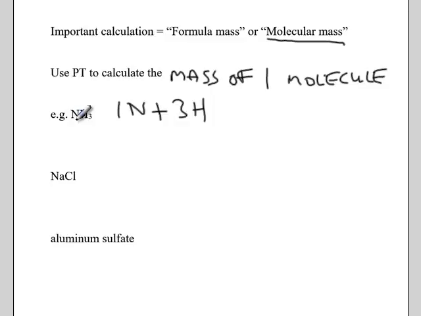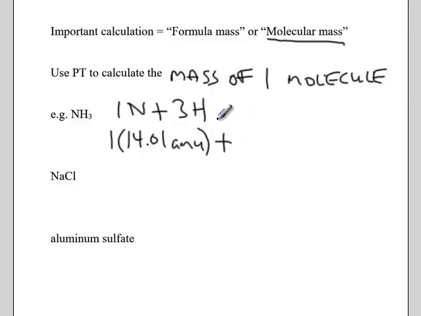So remember from earlier, that atomic mass or atomic weight is the average of one nitrogen atom. So if we had one nitrogen like we do, we're going to have 1 times that value, 14.01 atomic mass units. That's how much the nitrogen contributes to the mass of the molecule.